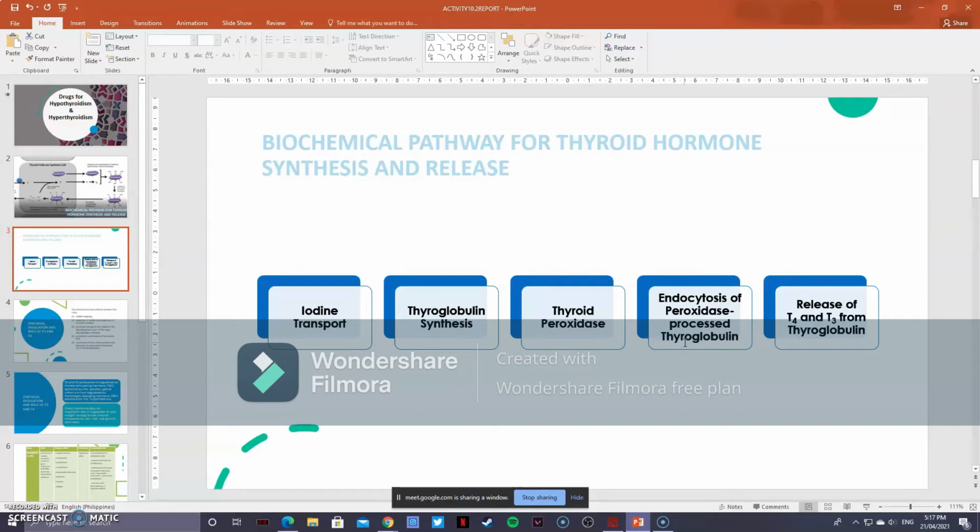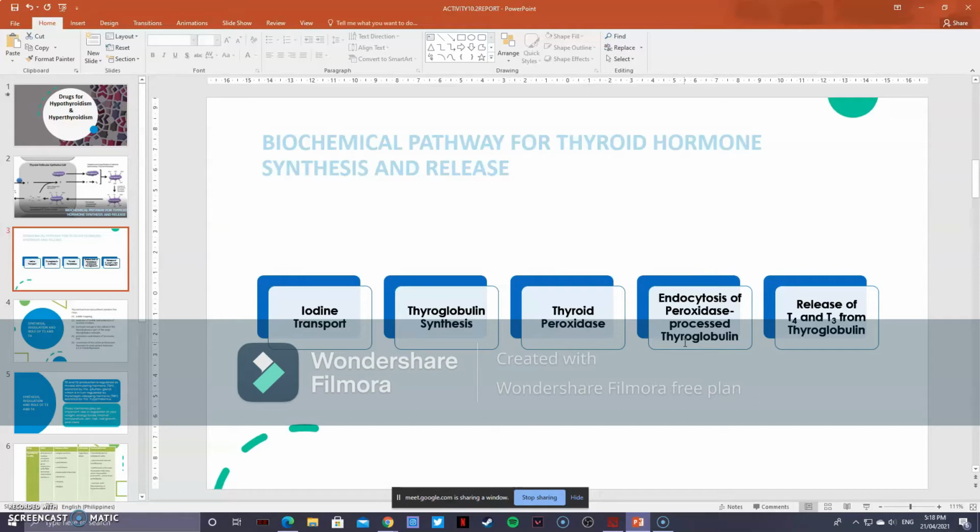T4 is generated by combining two DIT or diiodotyrosine residues, while T3 is generated by combining one MIT and one DIT.